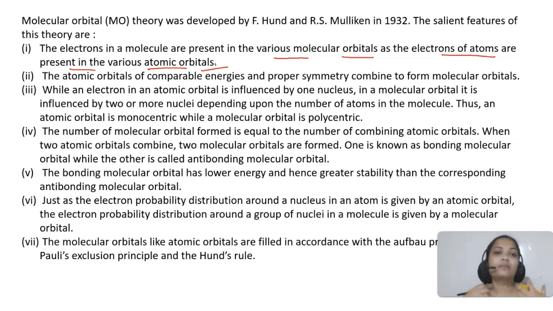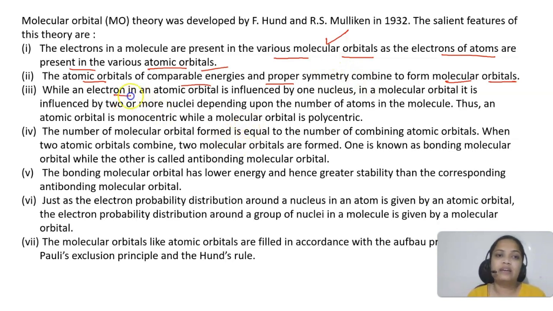Similarly, for a molecule, the electrons in the molecule are present in the molecular orbitals. Now, the atomic orbitals of comparable energies and proper symmetry combine to form molecular orbitals. So how are these molecular orbitals formed? By the combination of atomic orbitals of comparable energies and proper symmetry.